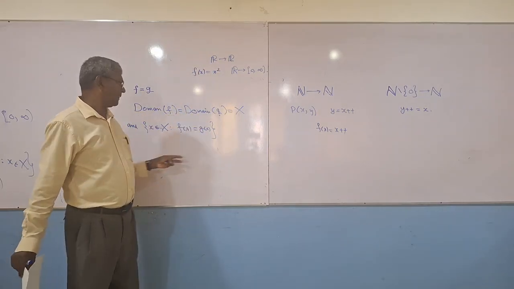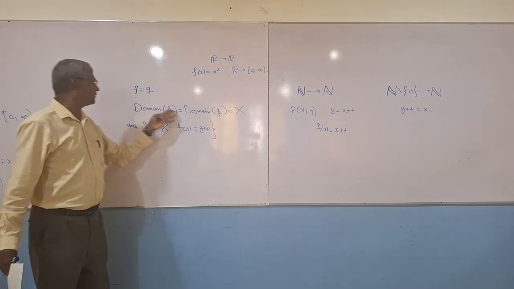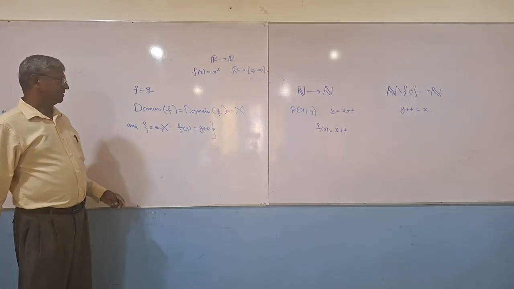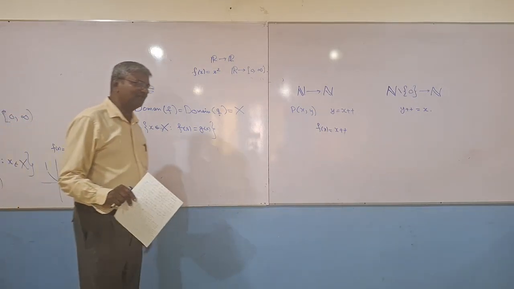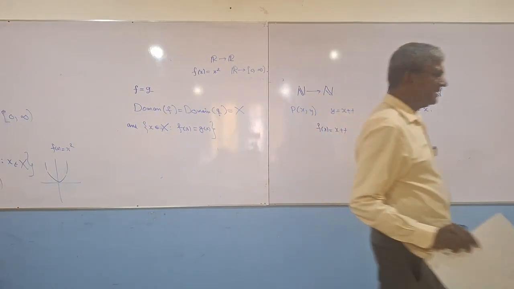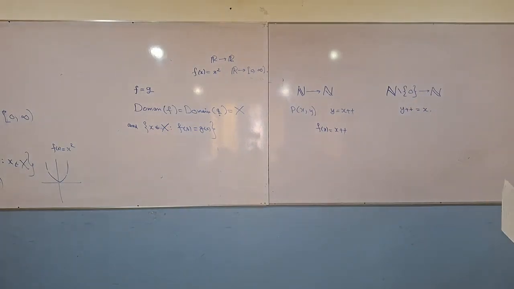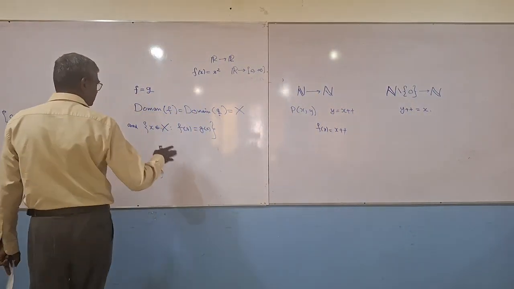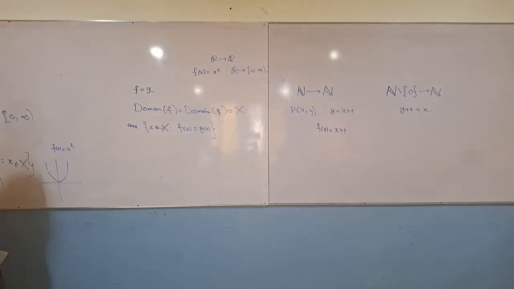Same domain for two functions to be equal. They have to have the same domain, though the book says they have to have the same range. I don't emphasize it because sooner or later, within 1 or 2 or 3 weeks, we are going to study analysis, and then this is what is important for us.